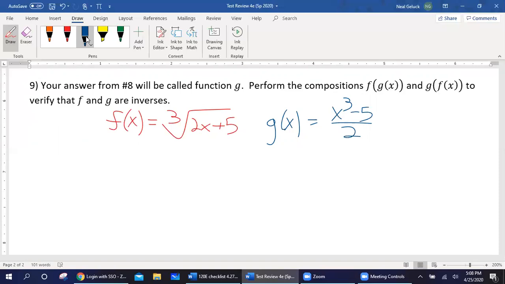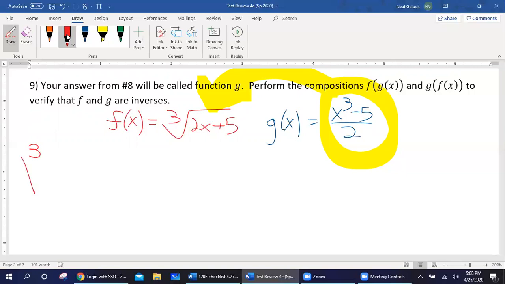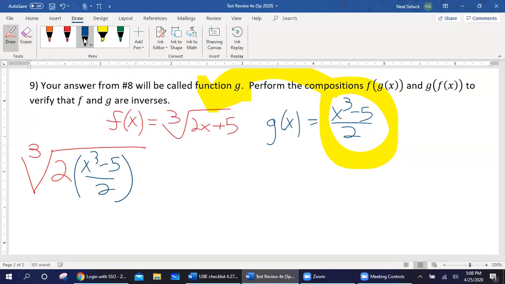So the first one is to take g of x and plug it in for x in the f machine. So what this is going to look like is the cube root of 2 times the quantity x cubed minus 5 over 2, plus 5.